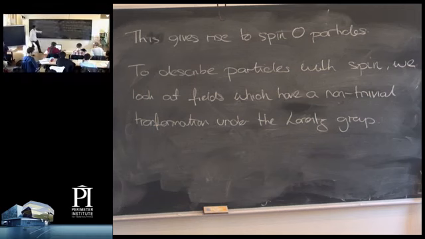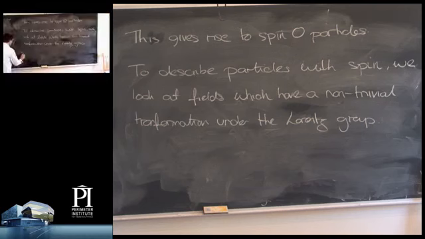Okay, so what do I mean by a trivial transformation? By trivial, this is changing because the space is changing, but the components of the field aren't doing anything special, and that's because there's just one component and it can't really do anything. So an example of a non-trivial transformation that you know already is the gauge field of electromagnetism.